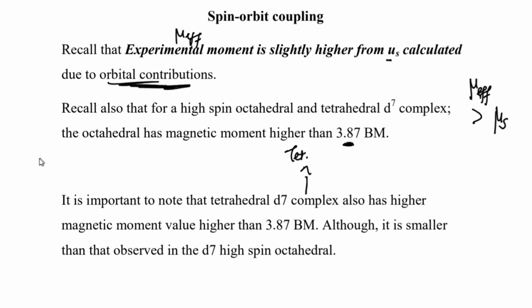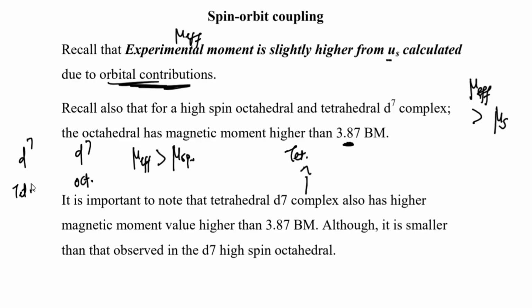So look at it. For D7 tetrahedral and D7 octahedral, right? So we say that there was orbital contribution in the case of octahedral. So we expect that the mu effective to be greater than mu spin, right?